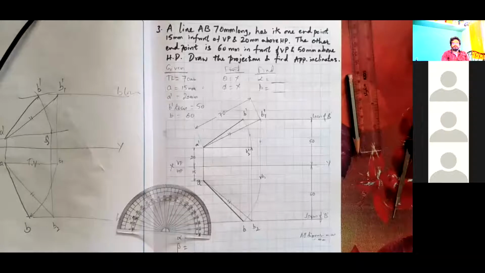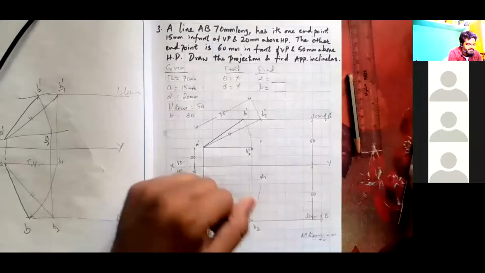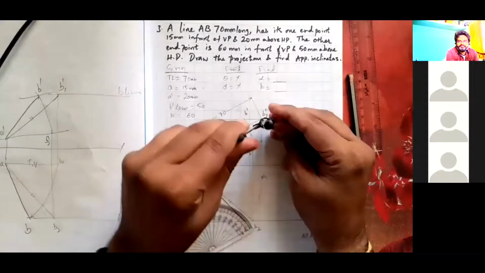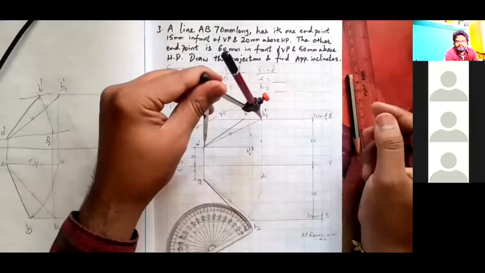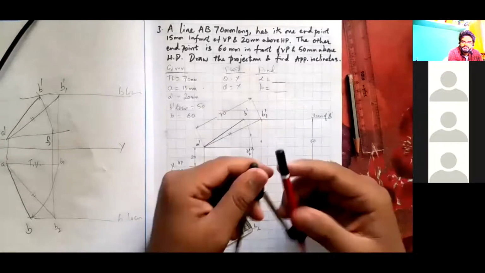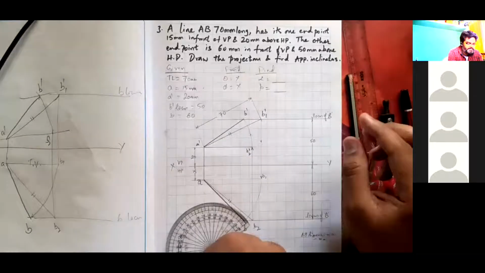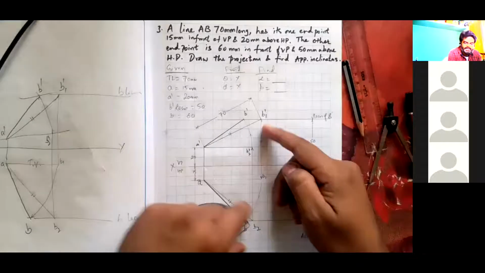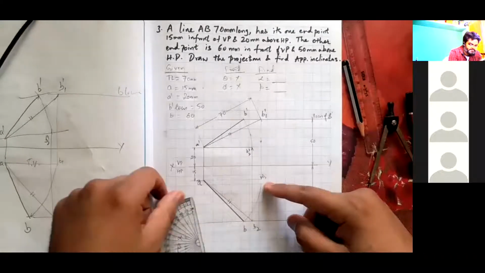Sir, I didn't get how you took that B1 dash, 70 mm. You are drawing a locus of B here. Okay, from A dash, draw 70. Take compass and mark 70. And from B1 dash, mark it till here, till A, and then rotate it downwards.